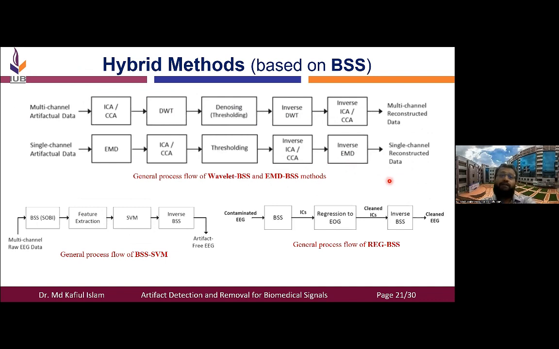Then people have proposed to combine two or more methods to exploit the individual advantages of those methods as a hybrid method to detect or remove artifact.